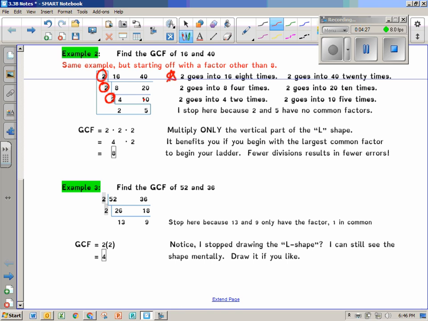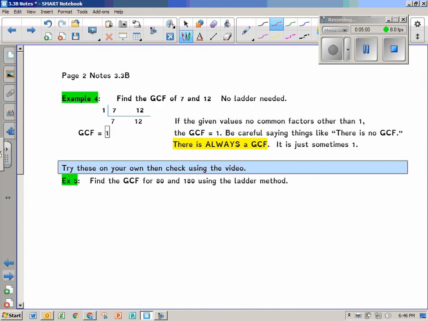I'm not stopping because 13 is prime, but because 13 and 9 have no other factor in common other than 1. I stopped drawing the L shape, but I can still see it mentally, and I made a note right here. Draw it if it helps you. So the vertical part of the L are these 2 2's. 2 times 2 is 4. You really need to show this support right here.